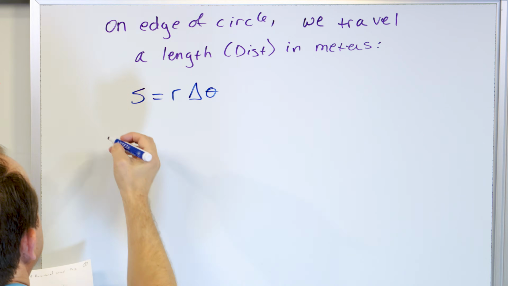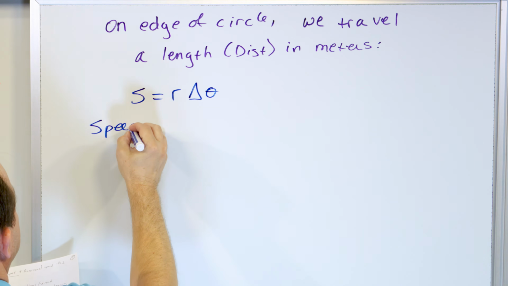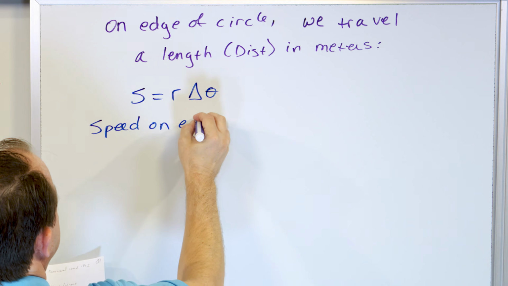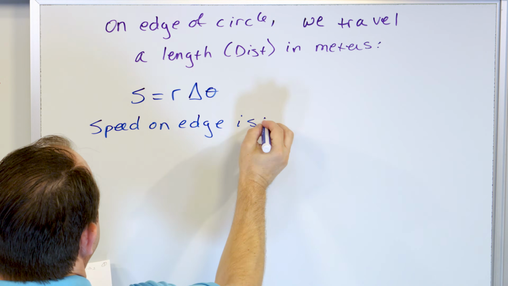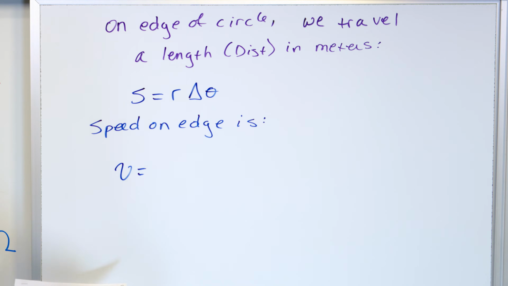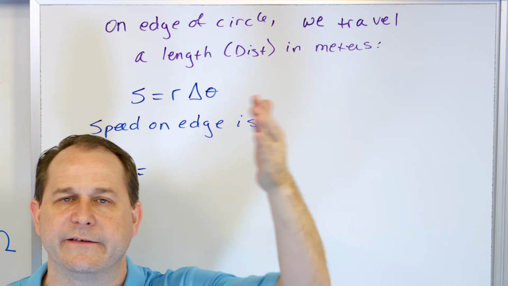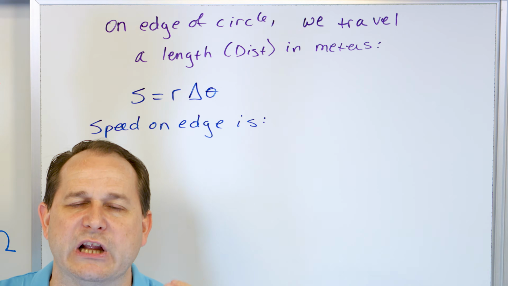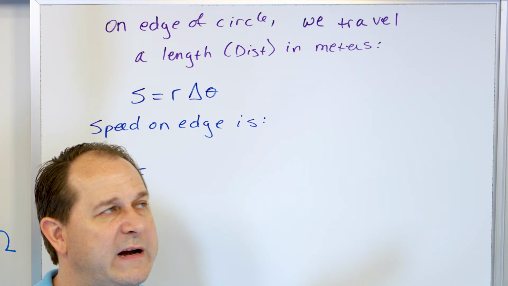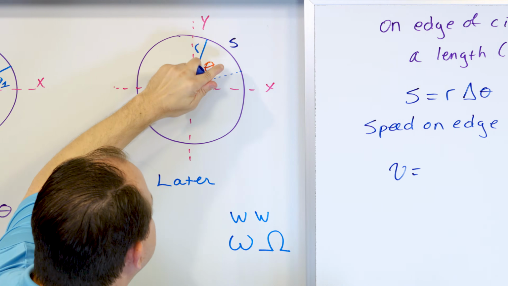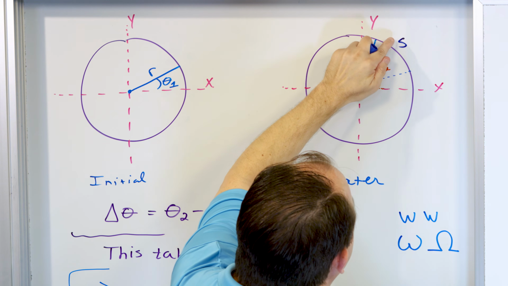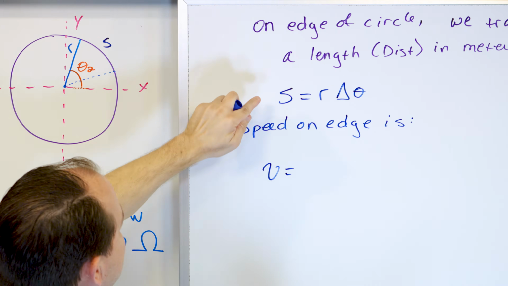All right. So the speed on the edge is the following. What is any velocity? Distance divided by time, right? If I travel 5 meters, straight line distance, in 10 seconds, it's distance divided by time. Any velocity in meters per second is just distance divided by time. We're just saying that the particle is sweeping out along the edge of a circle a curved distance that we call the arc length.